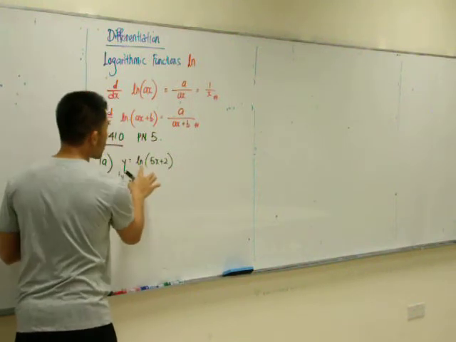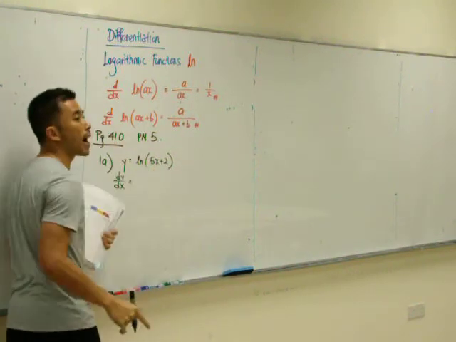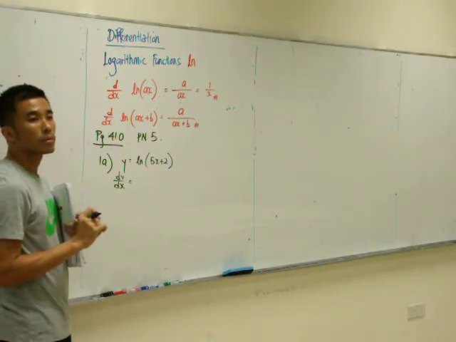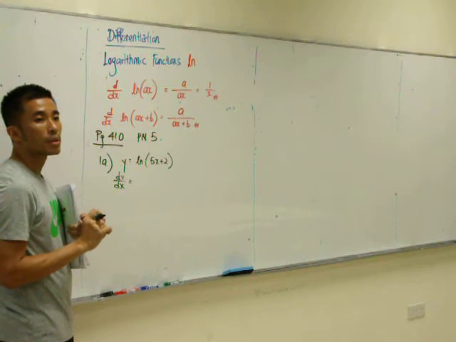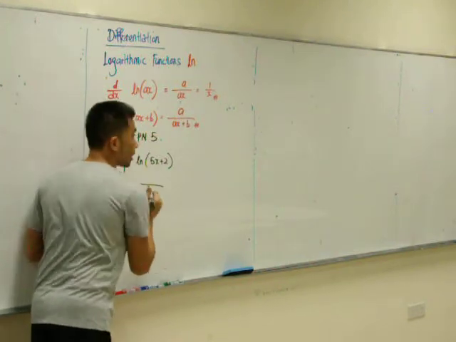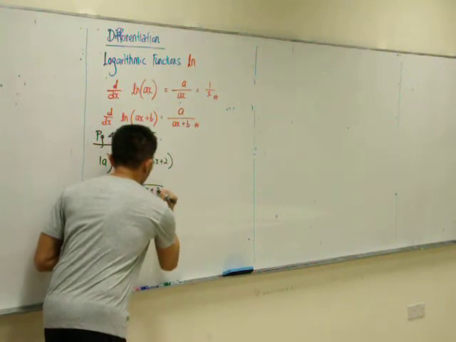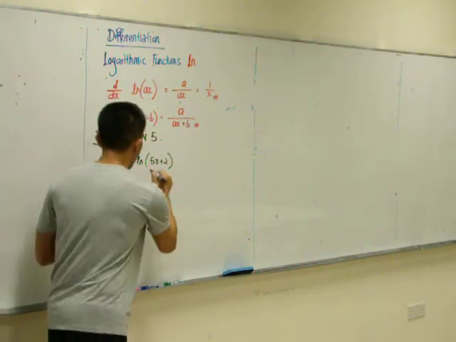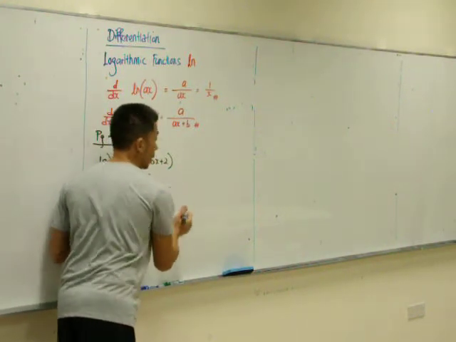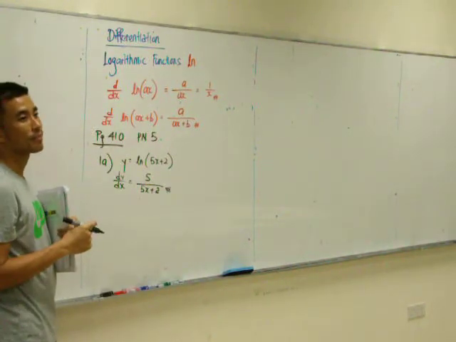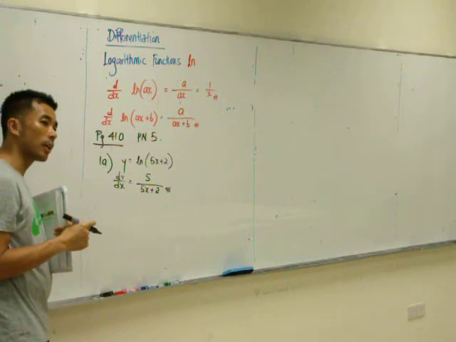If I want to differentiate ln bracket of 5x plus 2, what do I put at the denominator? 5x plus 2. What do I put at the numerator? 5. We are done. Happy, right? Well, that is the simplest question. Jason, are you okay? Yeah.